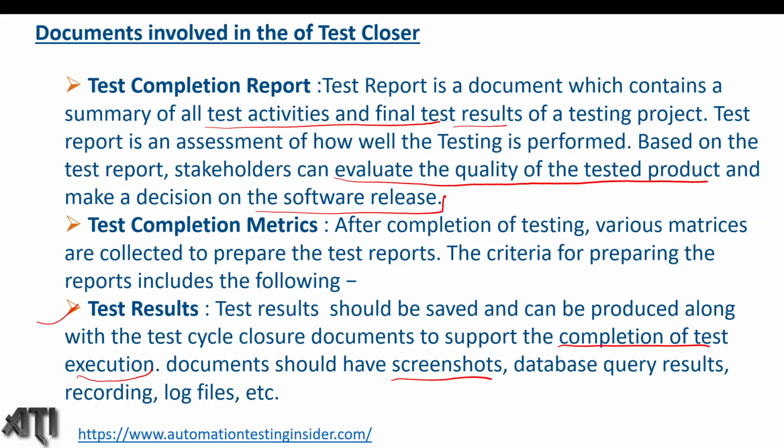That might be a defect because of some other changes or some other functionality. At that point we can provide our evidence, the screenshots, to the next team, because we have tested it successfully and covered that functionality during our testing. That is the use of screenshots, database query results, recordings, log files, etc. These are the different artifacts we prepare as part of test results.